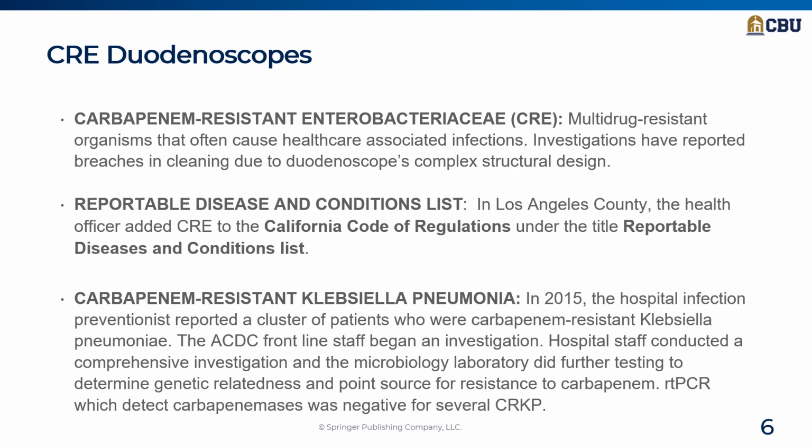The hospital conducted detailed chart reviews, assessed room locations, directly observed scope reprocessing, and performed molecular testing to determine genetic relatedness and identify a point source. What's interesting is that some of the isolates tested negative for carbapenemase genes, highlighting the complexity of resistance patterns.